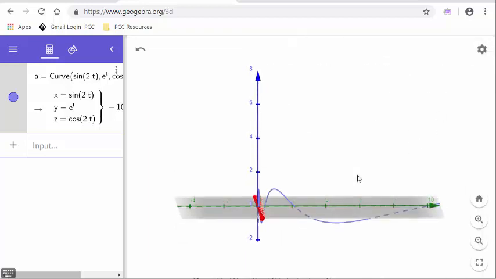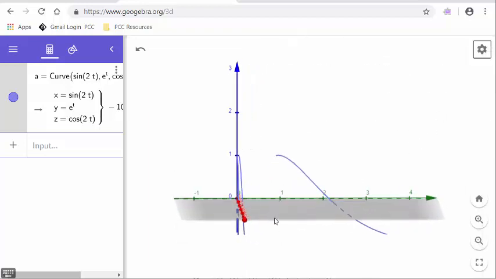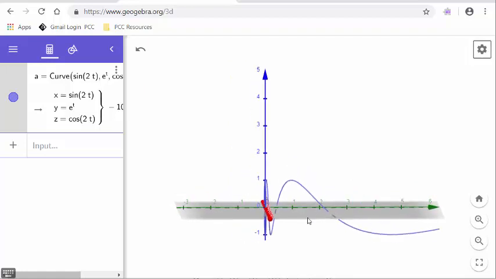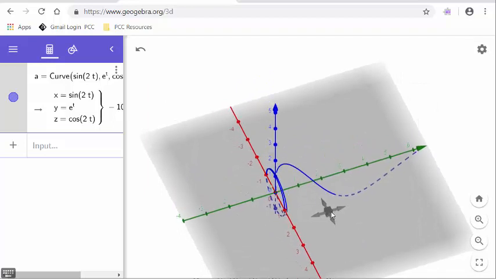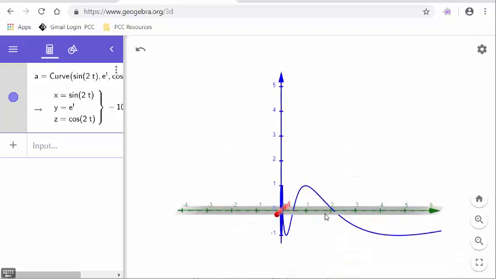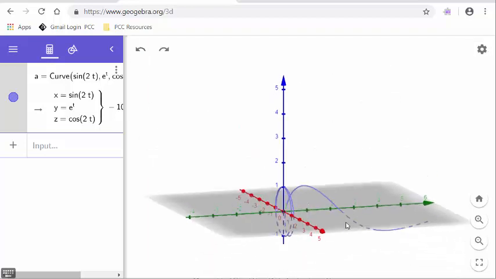Now we see my line here like so. Zoom in. If I hold down the Shift key, it allows us to move the XY plane around. Like so. If I go to the Z-axis, I can stretch my Z-axis. This allows me to undo.